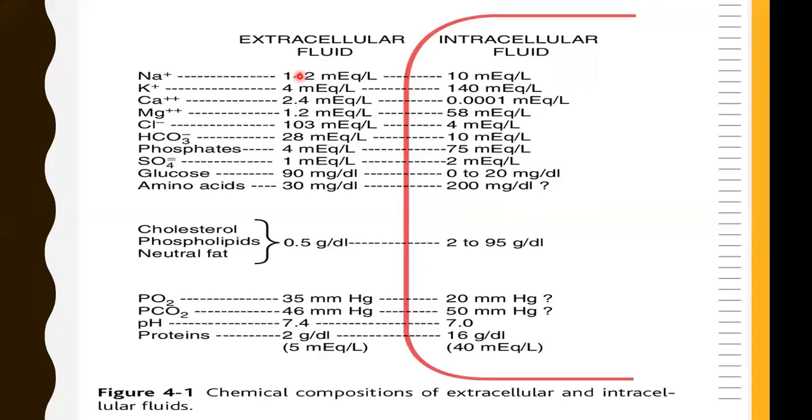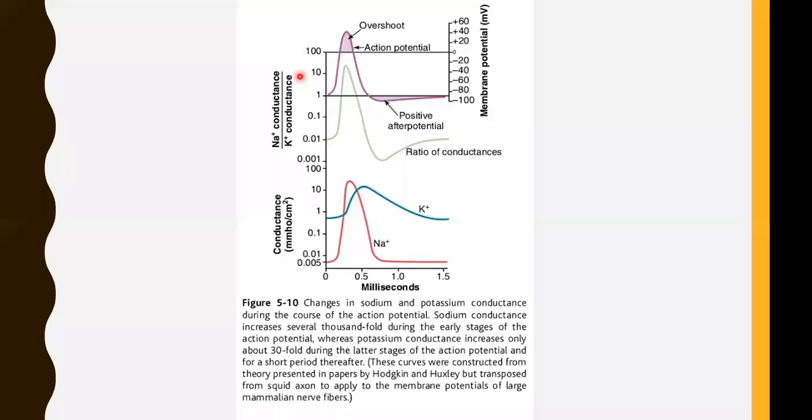And here you can see it graphically. If this limit crosses the threshold for excitation, then the membrane is depolarized; that is the spike.